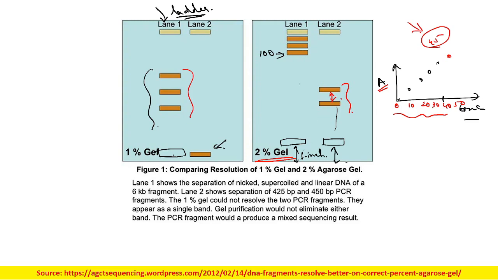So when either your standard or your analyte has reached towards the bottom of the gel, then you will find that it is the right time to stop the electrophoresis. Then at that time you will be stopping the electrical field.